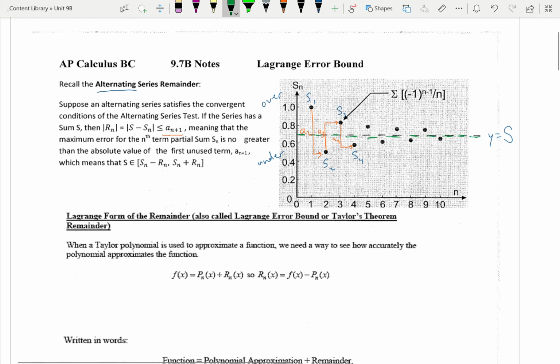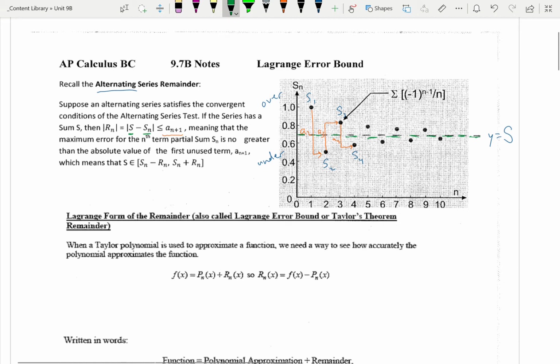And that's the nature of an alternating series. So we always know that we stepped too far. A sub n plus 1 gives us an overshoot. We overshot the value that we're trying to converge to. So that means that the difference between the actual value and the partial sum is always going to be less than or possibly equal to that next unused term.